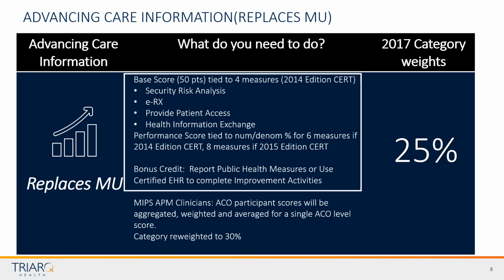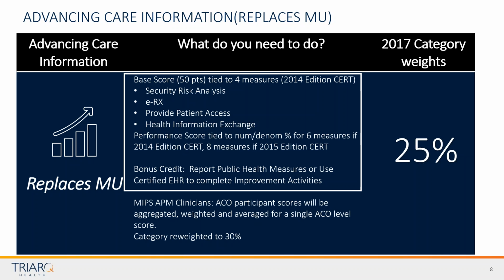Then there is the concept of the performance score. So the remaining measures, and provide patient access and health information exchange actually are also part of the performance score. ERX is not. What this does is it gives us lots of opportunities to be flexible about the way we achieve our success in the ACI category.